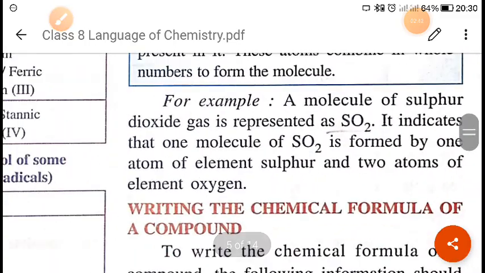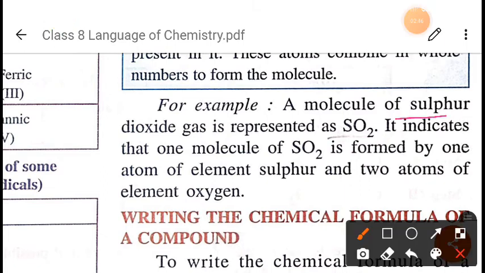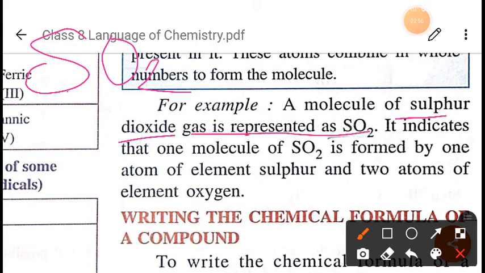So we have come to know what a molecular formula is, right? One example is given here. Suppose we have to write sulfur dioxide. Sulfur dioxide is written as SO2, okay? What does SO2 indicate?